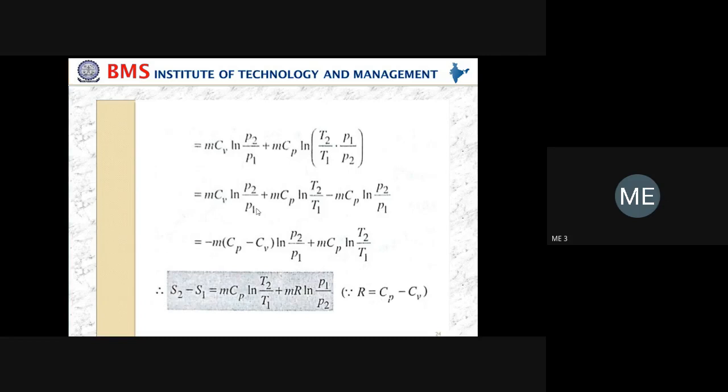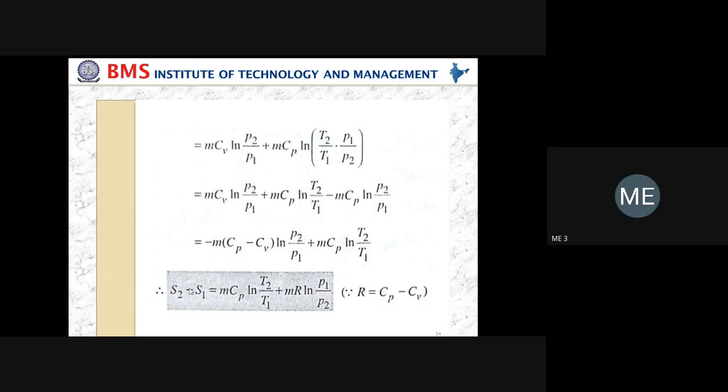So take the first and third terms and rewrite the equation as minus m into Cp minus Cv into ln P2 by P1, and write the second term as it is, plus mCp ln T2 by T1.